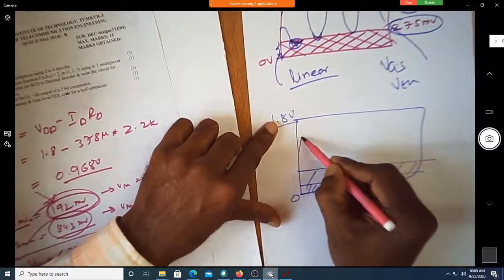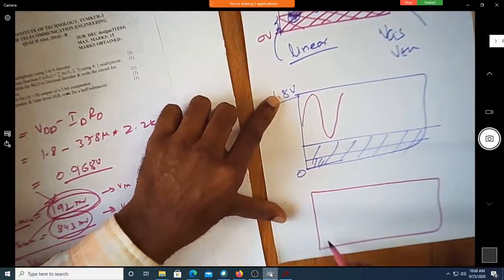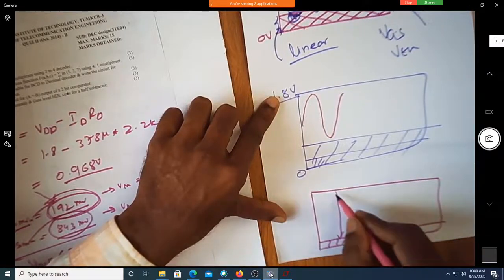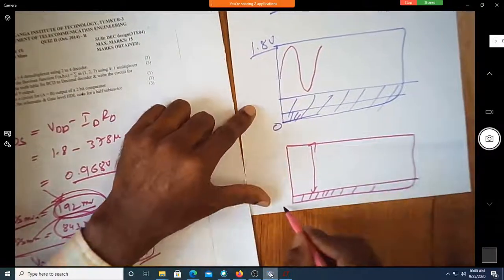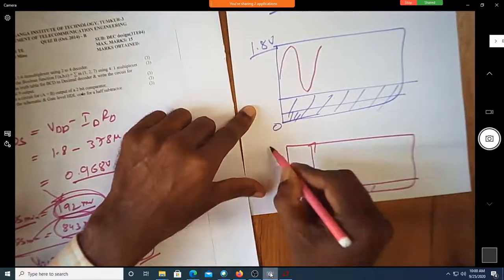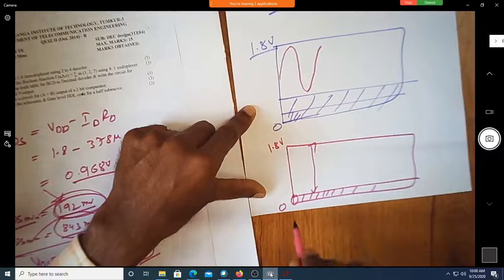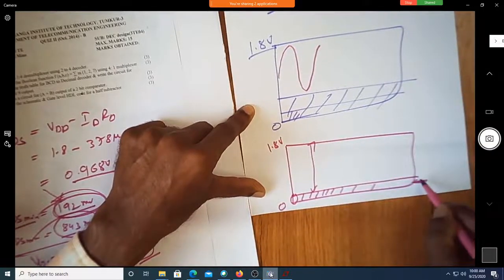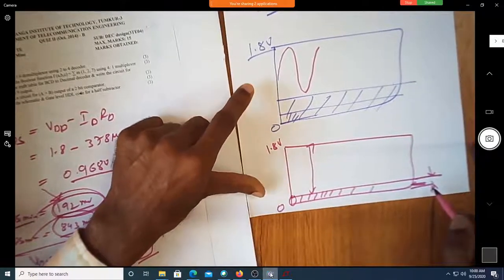So the space for the output should be more, meaning that the voltage required to keep the MOSFET in saturation should be as small as possible, so that I can utilize more swing. Getting the point? Yes, sir. Out of the available swing from 0 to 1.8 volt, you dedicate some amount of the swing to keep the MOSFET in saturation. You keep this as small as possible.